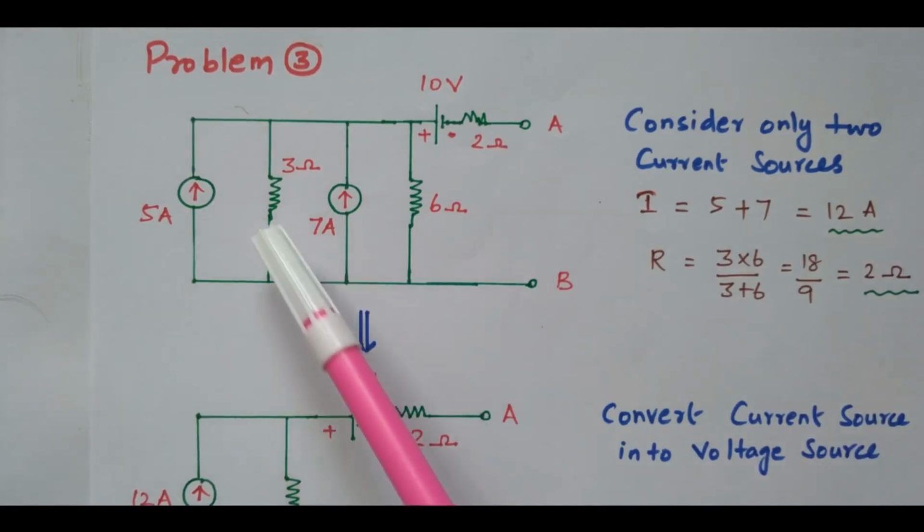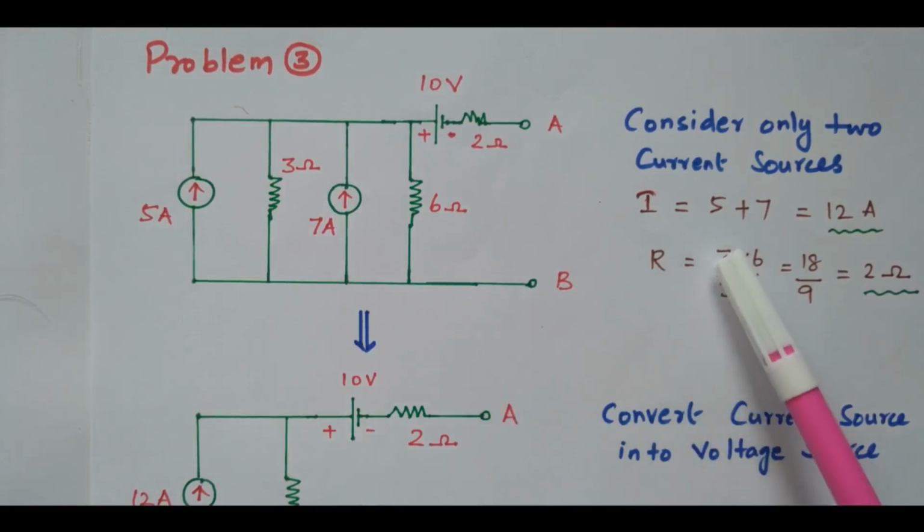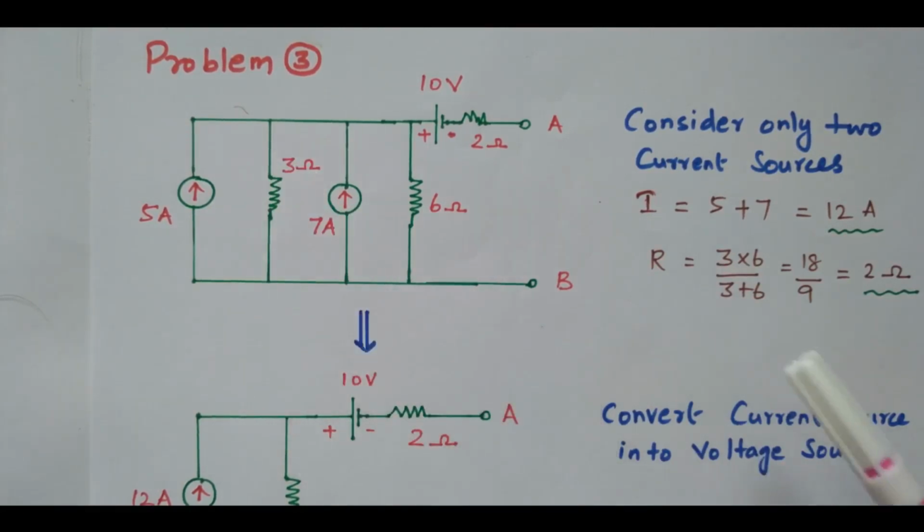How will you find the resistance? These two resistors are connected in parallel. What is the formula? R1 into R2 divided by R1 plus R2. This R1 is 3 ohm, R2 is 6 ohm. So 3 into 6 divided by 3 plus 6, so 18 divided by 9 is 2 ohm.